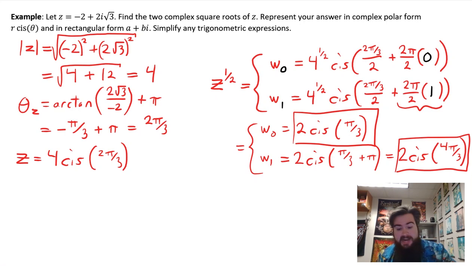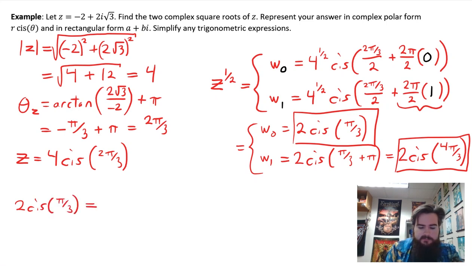I can now expand those out in order to get them into rectangular form. 2 cis of pi over 3. We should not need a calculator for that. That is going to be 2 times cosine of pi over 3 first. Cosine of pi over 3 is 1/2. Plus i times 2 times sine of pi over 3.